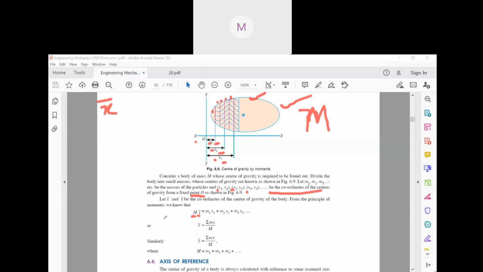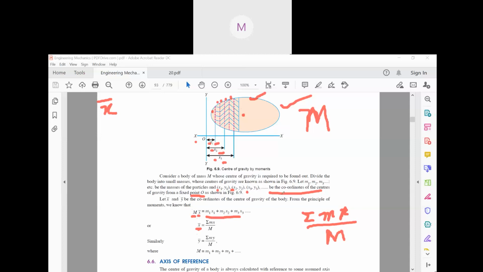Now we can write this m1 x1, m2 x2, m3 x3 as sigma, summation of m into x. Now we are required to find x bar, the position of this center of gravity, right? Therefore, we will divide it by the whole mass m.